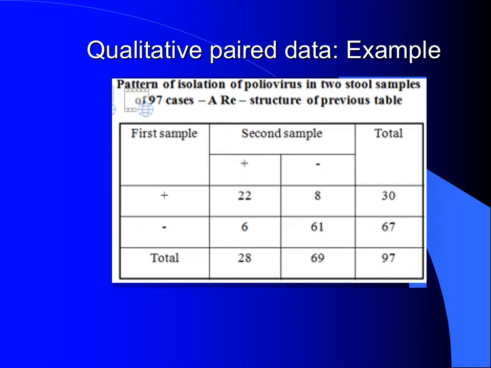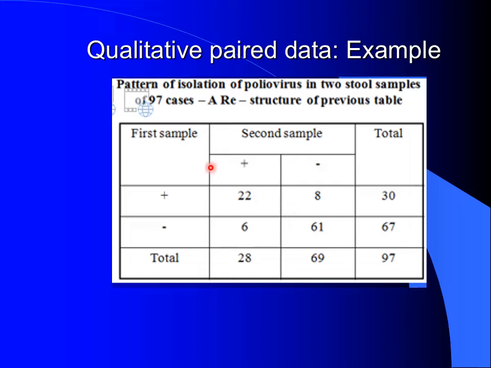This is an example in which a group of individuals are measured twice, at the first time point and second time point, the first sample taken and the second sample taken on the same individuals. This kind of data is required to be tabulated in a different manner than the independent data, disease versus factor association.